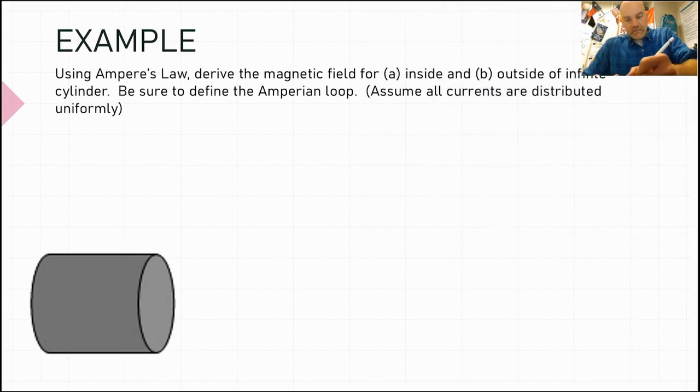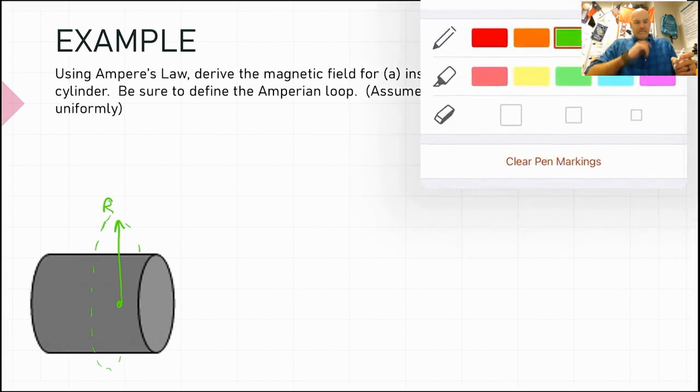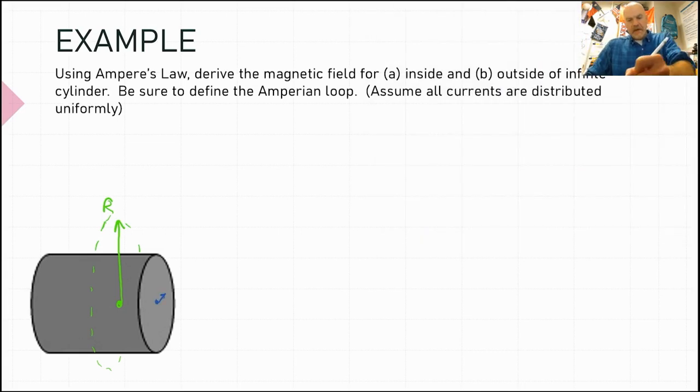When we do outside the cylinder, our Amperian loop goes out to a distance of, let's call it capital R. When we're inside, let's call this lowercase r to make it easier. But remember that the cylinder will have a radius.